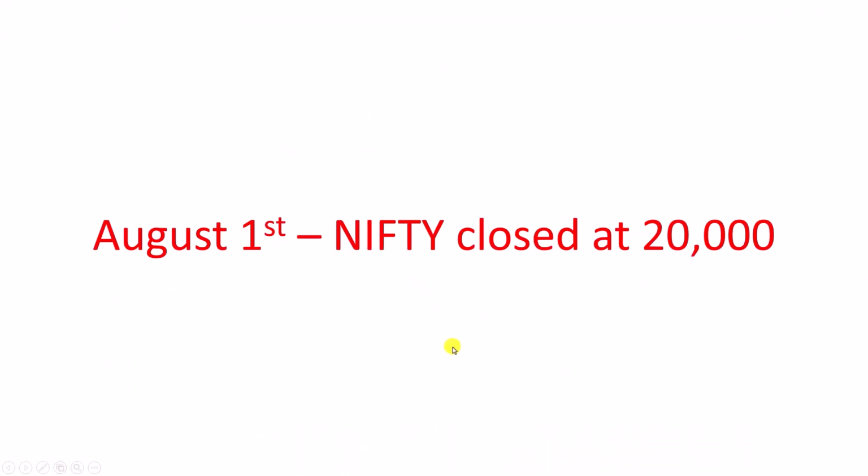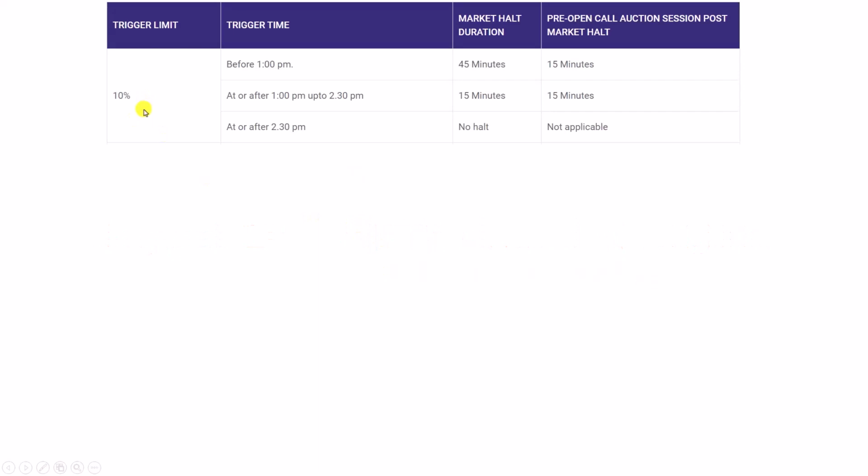All right. So let us say that yesterday was August 1st. Okay, yesterday was August 1st and Nifty closed at 20,000. Alright, the closing price of Nifty was 20,000 yesterday. Now, these trigger limits are set by SEBI and the exchanges have to calculate the circuit breaker limits on day-to-day basis based on previous day's closing price.